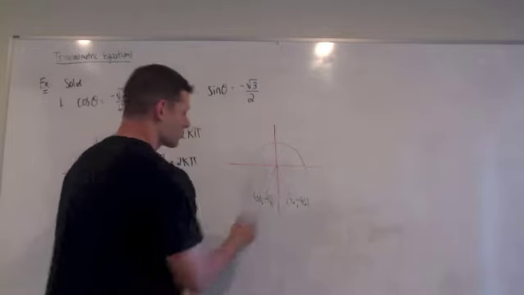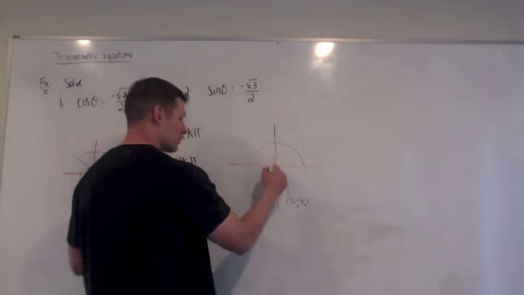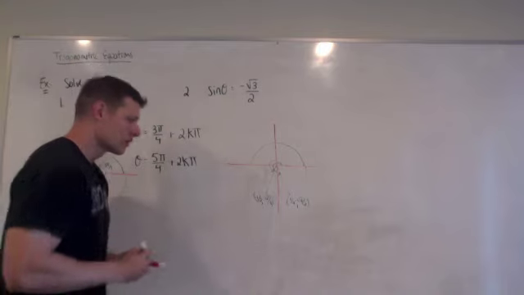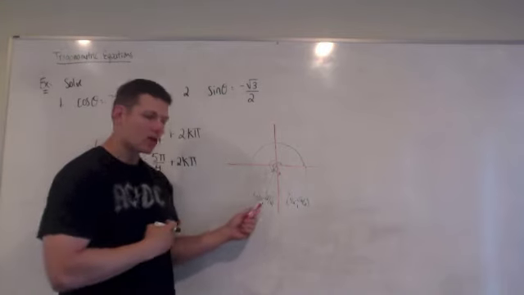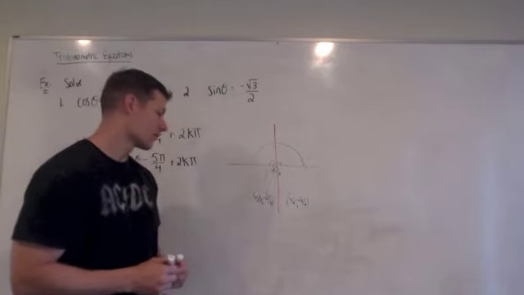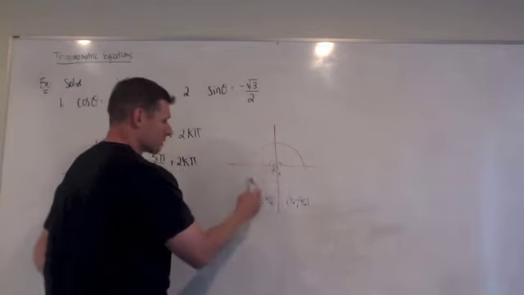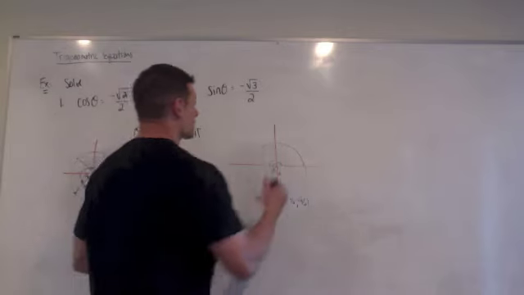So the question is, for what values of theta does this happen? My x-coordinate is negative 1/2 and my y-coordinate is negative root 3 over 2. We know that happens at pi plus pi over 3, so it's 4 pi over 3.